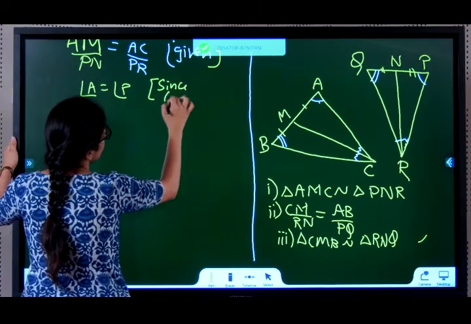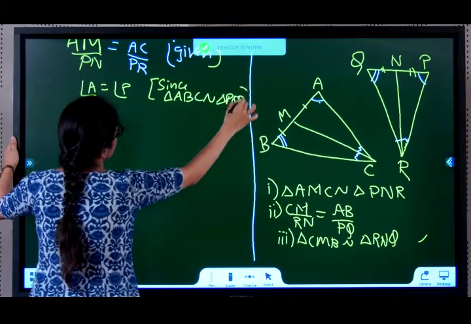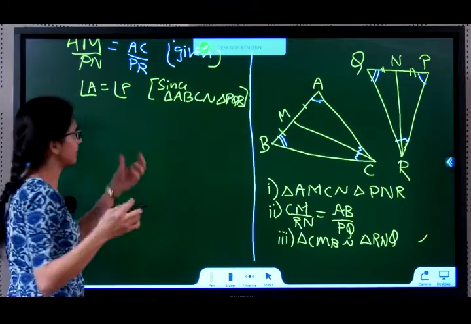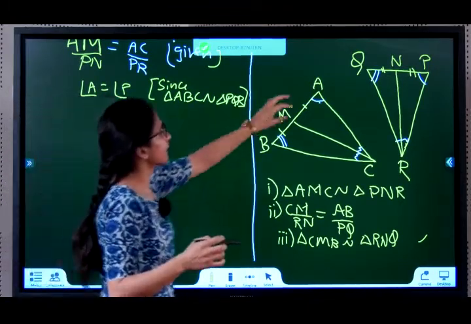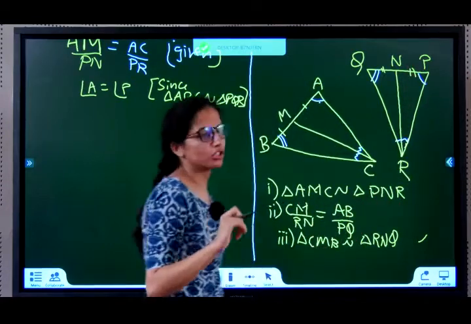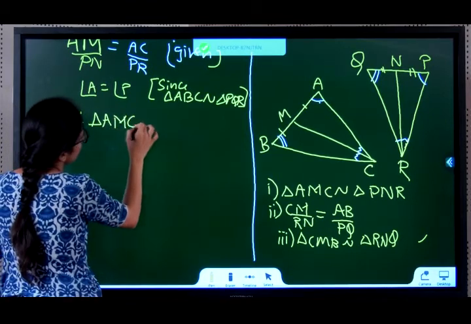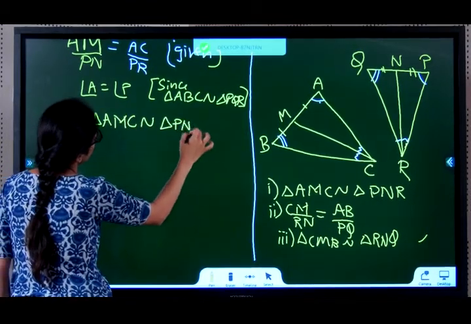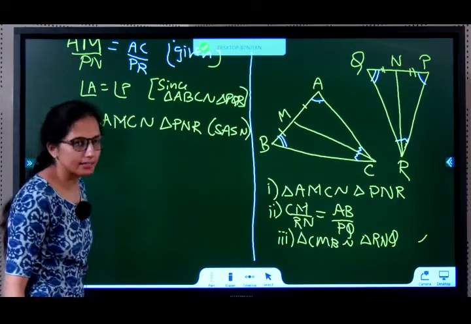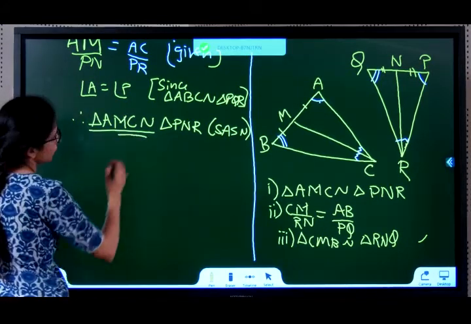Since triangle ABC is similar to triangle PQR, corresponding angles of similar triangles are equal. So, angle A equals angle P, and these two sides are proportional. I can therefore say triangle AMC is similar to triangle PNR, reason being SAS similarity criteria. So, this is the first proof.